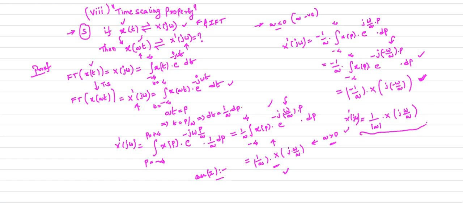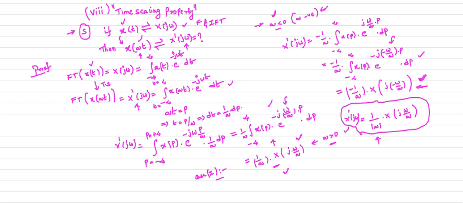This is your answer, the time scaling operation. I just generalized case 1 and case 2. In case 1, I considered a greater than 0 and got this result. In case 2, I considered a less than 0, that means a is negative, and I got this equation.